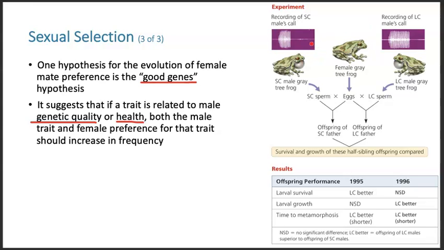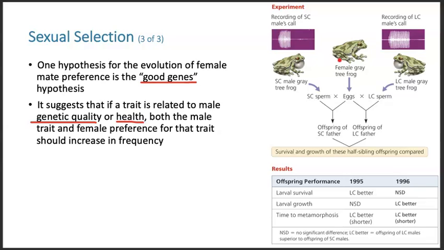So here we've got an example of frogs, and we have frogs that have short calls, and we have frogs that have long calls, so SC for short call and LC for long call. And females tend to prefer males that have the longer call.